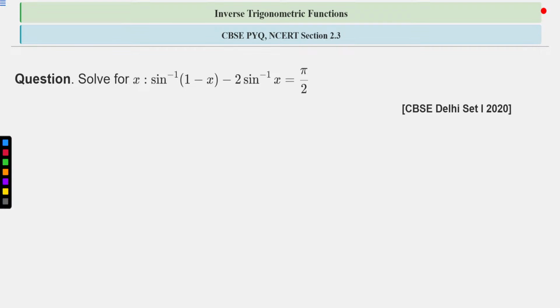Next question is, solve for x when sine inverse of 1 minus x minus 2 sine inverse x is equal to pi by 2, right? We basically have to find the value of x when sine inverse of 1 minus x minus 2 sine inverse x is equal to pi by 2. Clear?